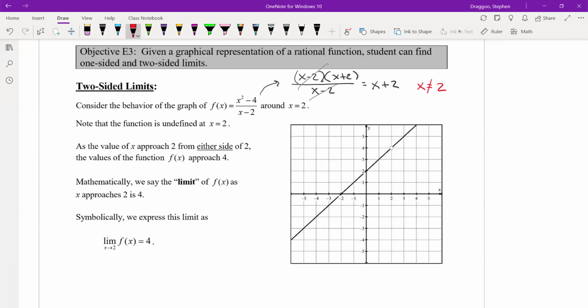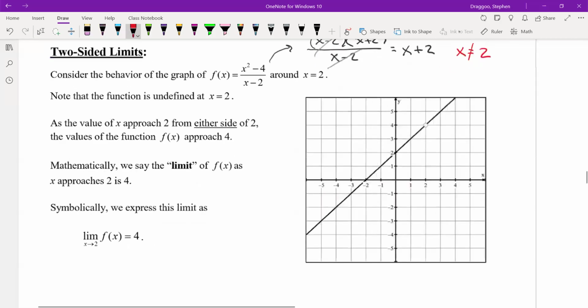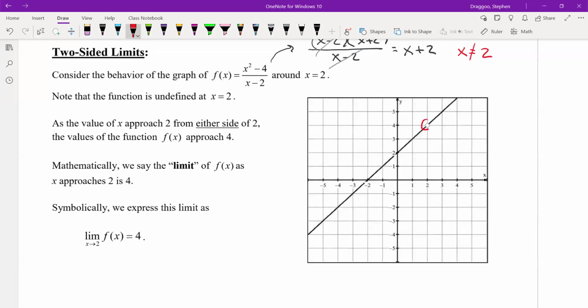But if I were to try to graph this thing, it should just look like the line y equals x plus 2, because that's what it simplifies to, with a problem right there. This point in the graph, it's at 2, 4, because I can look at the graph and see that when x goes to 2, y is supposed to be equal to 4, except I have a hole there because of the way that my original function was written.